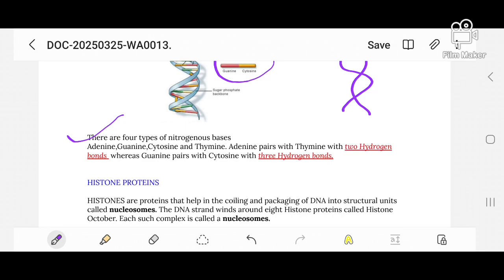There is a very good bond with each other. They are just like couples, and they have two hydrogen bonds. I have underlined it with red color. And then guanine and cytosine, they are also very strong, and they have three hydrogen bonds.